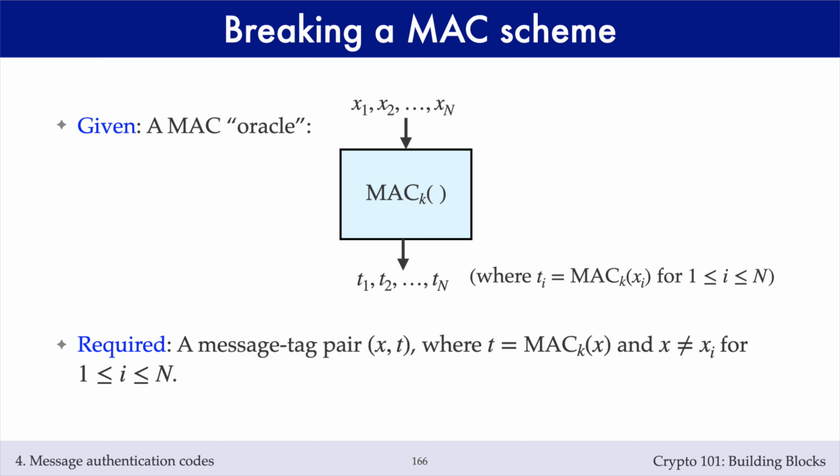The definition also captures a very weak goal for the adversary, namely the ability to compute a message and its valid tag for any new message x which the adversary did not already give to the MAC oracle.